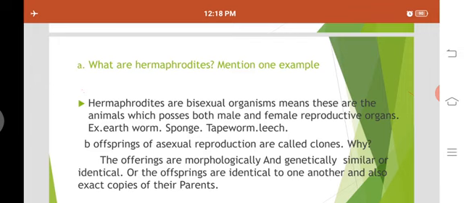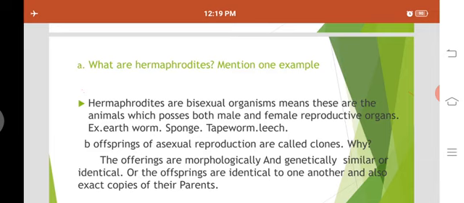These are also important, but the asked question here is hermaphrodites. Hermaphrodites are bisexual organisms, animals which possess both male and female reproductive organs. You have to write the definition: hermaphrodites are bisexual animals, which are also called monoecious animals.